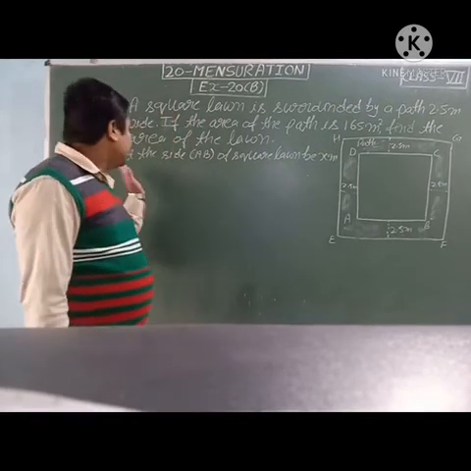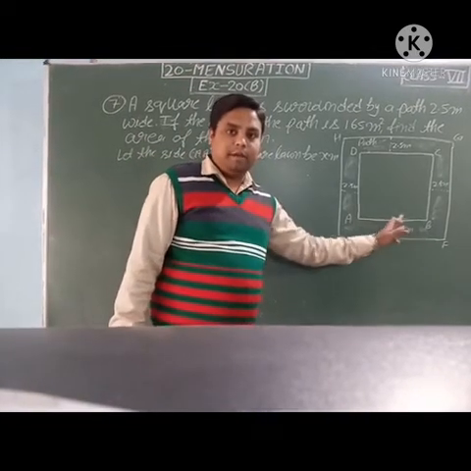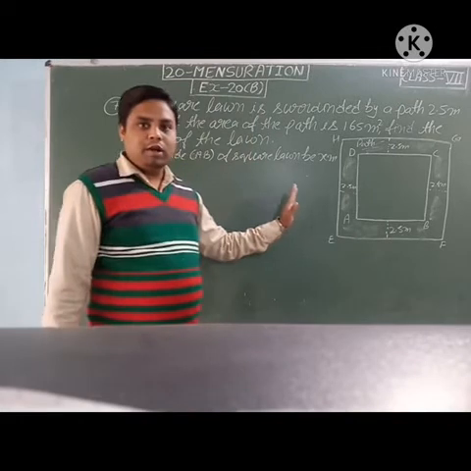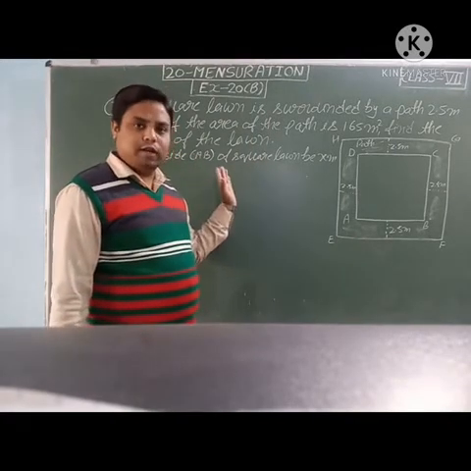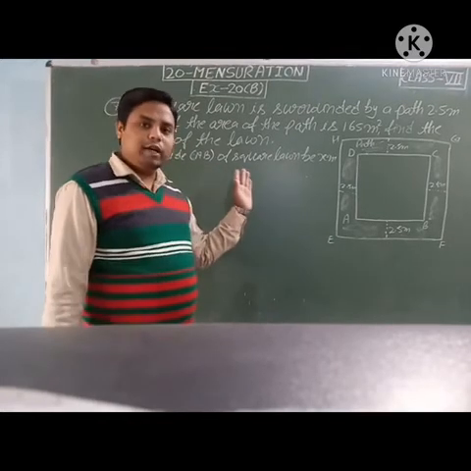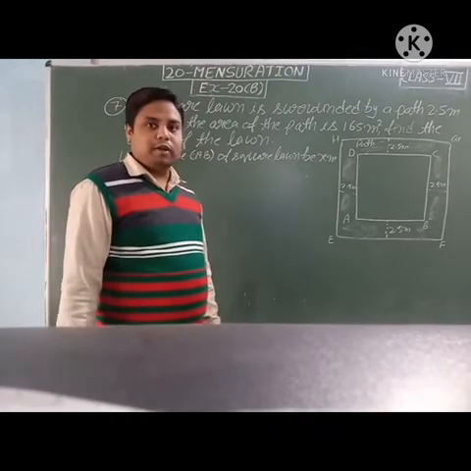Let the side, inside the bracket we will write AB. Side of square, any side we can write, but it will be better to write AB. So let the side of square ABCD be X meter.